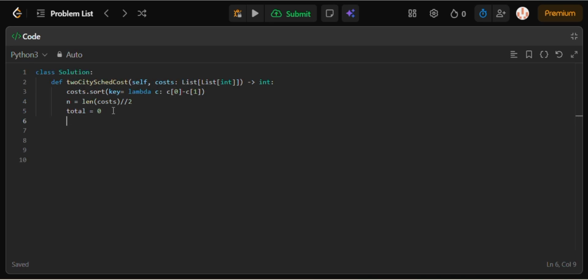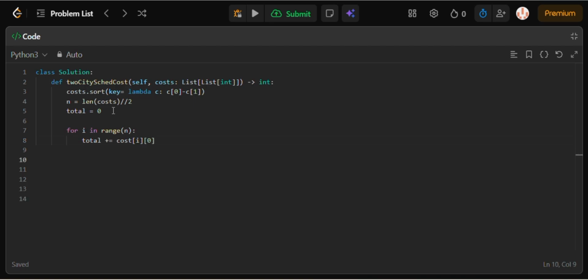After this, I use a for loop, for i in range(n). These go to city A, because we sorted by the difference from city A to city B, so the first people will prefer city A. So total plus equals costs[i][0].